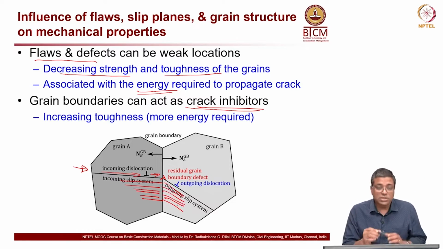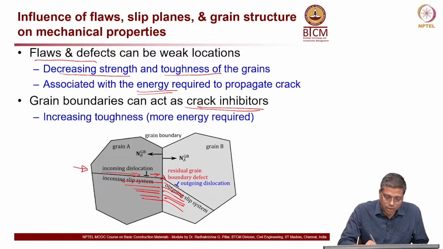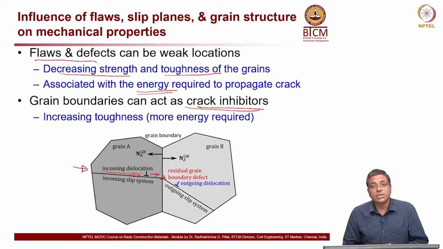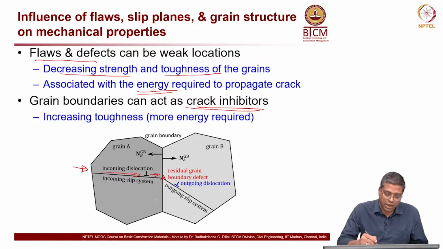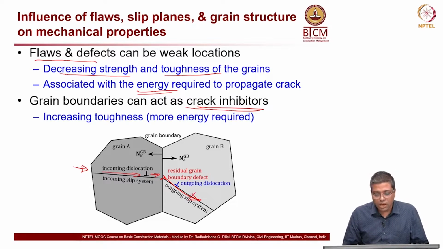Because of this change in alignment, the direction of movement of this dislocation changes. Dislocations first try to accumulate at the grain boundary, and then they start moving in this direction along this slip plane. So, you have two things here, incoming dislocation and outgoing dislocations.